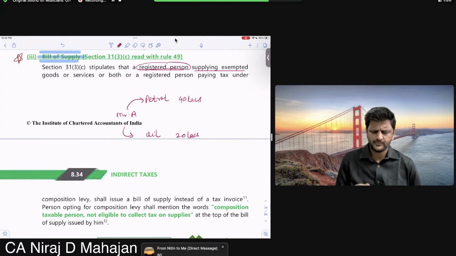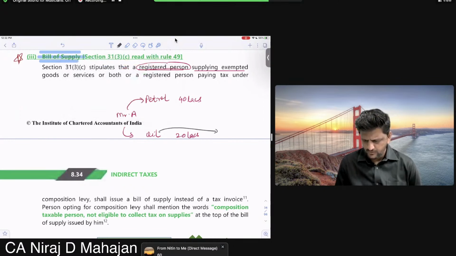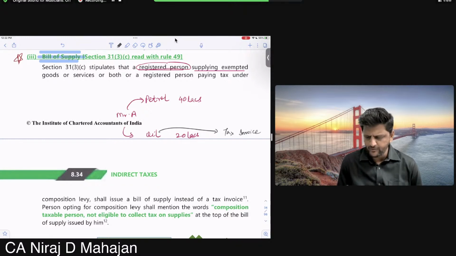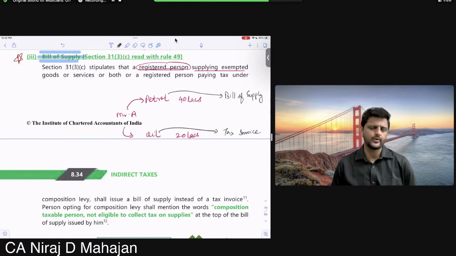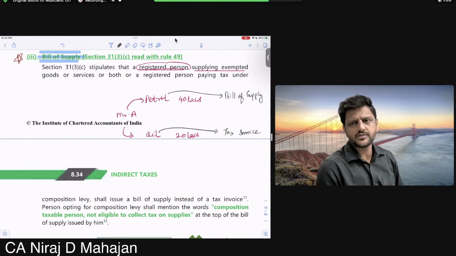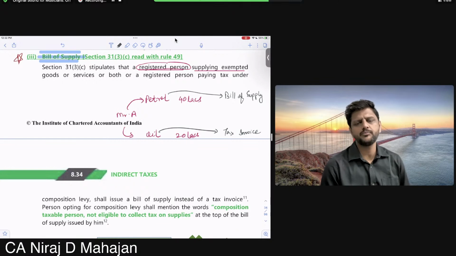But now, whenever he will supply oil, बच्चों, for that he will have to issue tax invoice. And whenever he will supply petrol, he'll have to issue a bill of supply. Why? Because as soon as, बच्चों, I write the word tax invoice, it means you are collecting tax on the same, and you are not collecting tax on petrol.